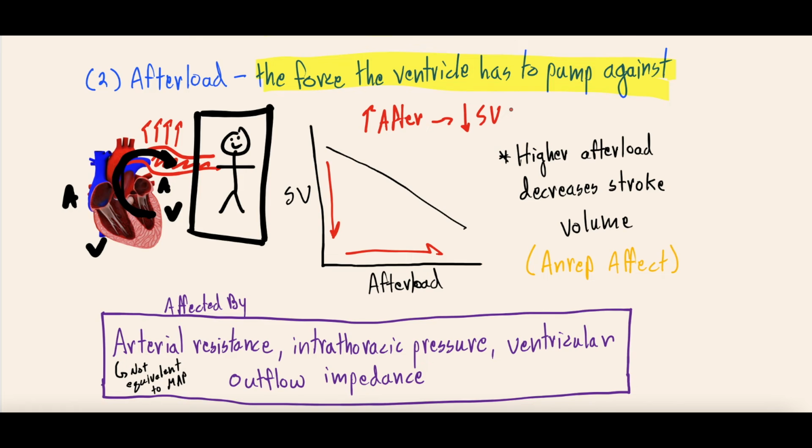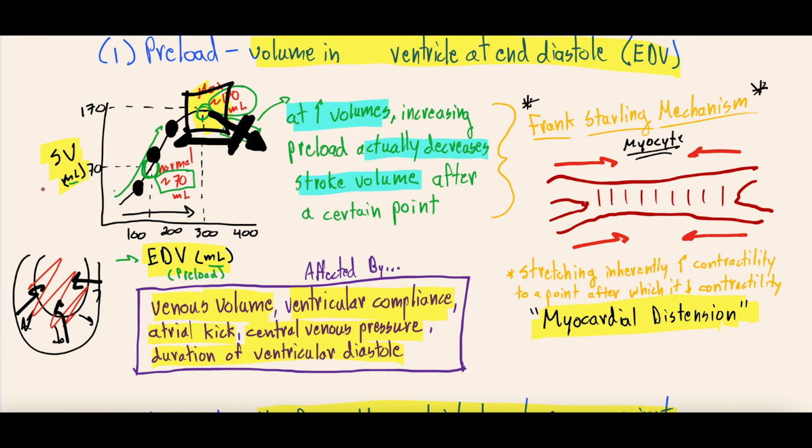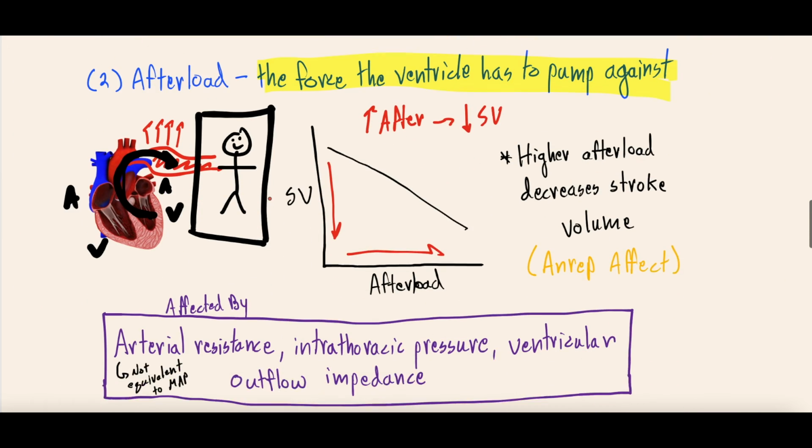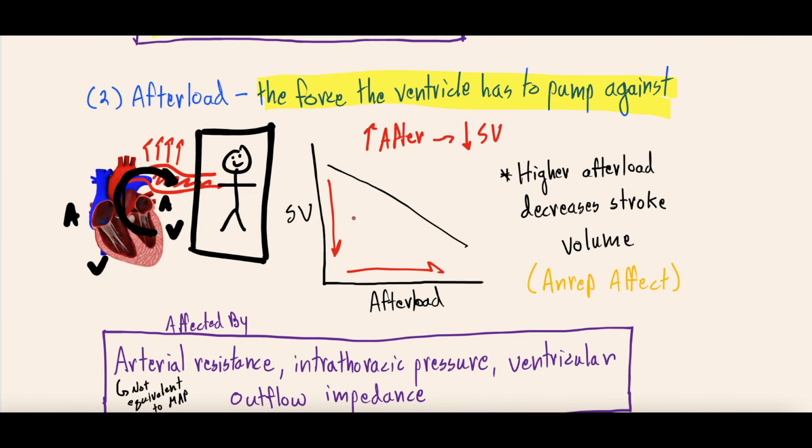And that's unlike preload, right? Preload, we said, as preload increases, your stroke volume increases until you fall off that Frank-Starling mechanism, at which point your stroke volume decreases. But initially, increased stroke volume with increased preload. The opposite, increased afterload, decreased stroke volume. We wrote it out here. Higher afterloads decrease stroke volume.